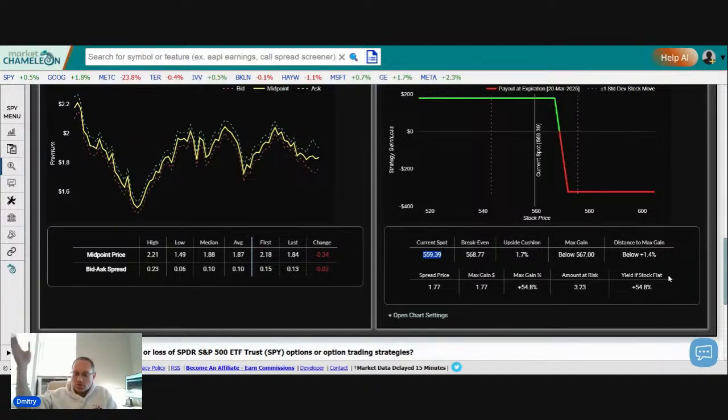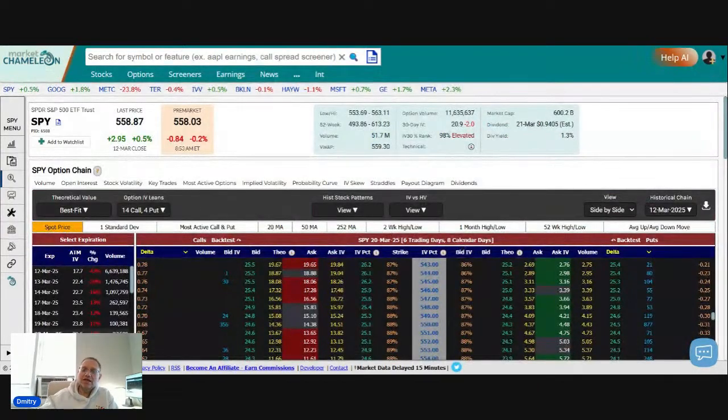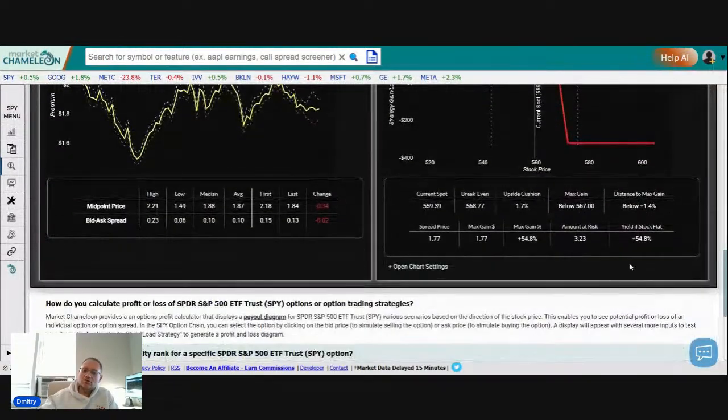So then what is our potential reward, right? We know, what can we stand to make in the next, whatever, we have 8 calendar days. What's our potential reward? Well, our potential reward is based on how much we have at risk. So it's a $5 spread. So we're risking $3.23. If we sold it for $1.77, we have to buy it back for $5.